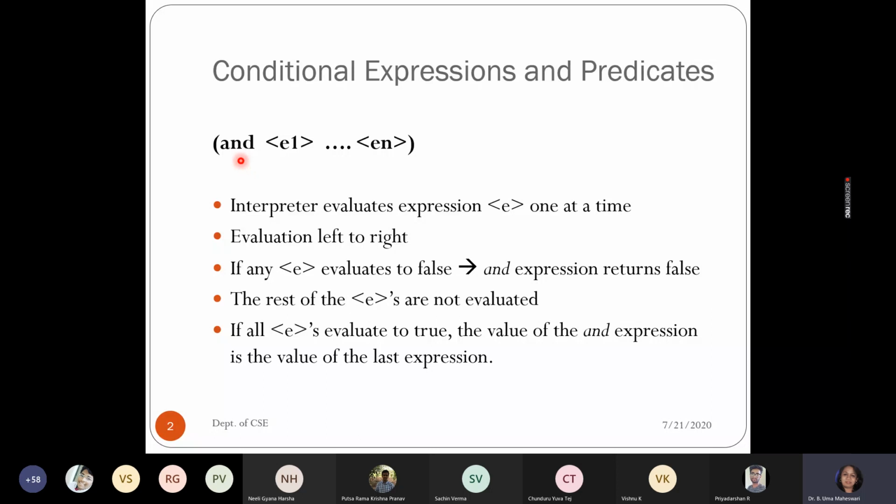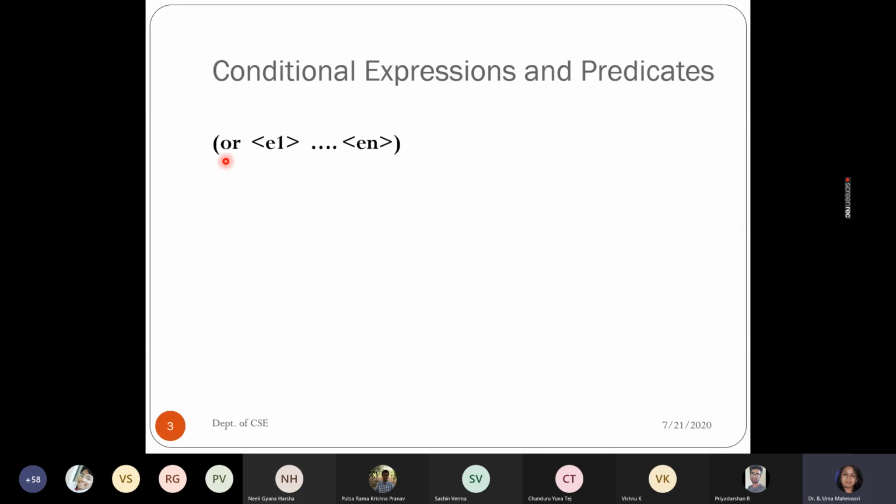In the case of and, if something is giving a false, it will stop executing other things. So some other arguments are skipped out. All the arguments are not taken, and it is useful for evaluating an expression. So that's why I can say and, or are not procedures. It's a special form.